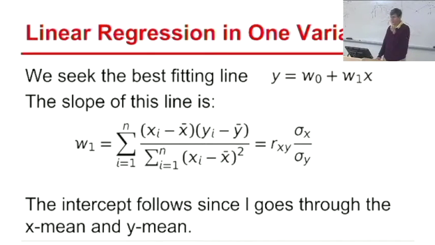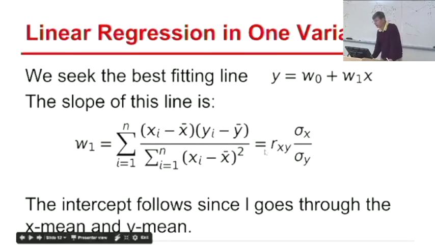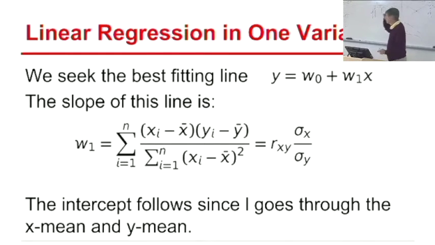So what does this mean if we want to interpret it? If we have a correlation of 0 between x and y, what would we want the coefficient of x to be? Suppose this is IQ, and this is something completely independent of IQ, butter production in Bangladesh or something like that.